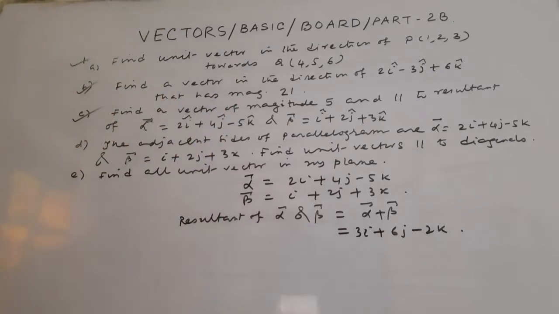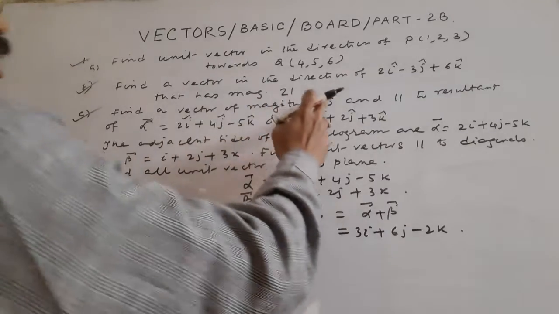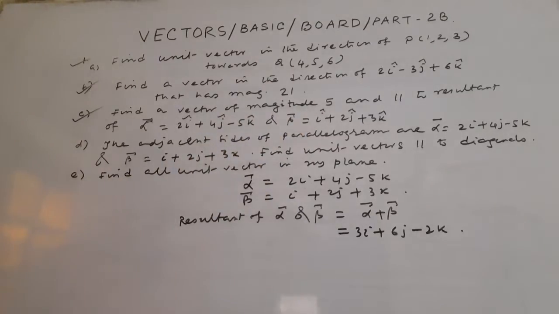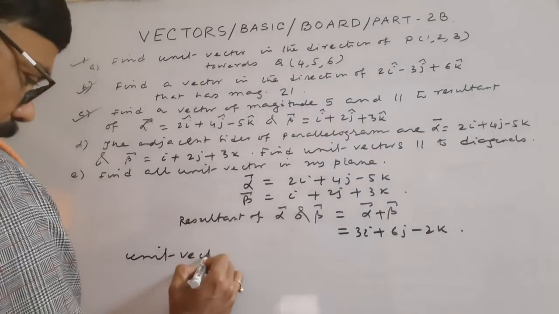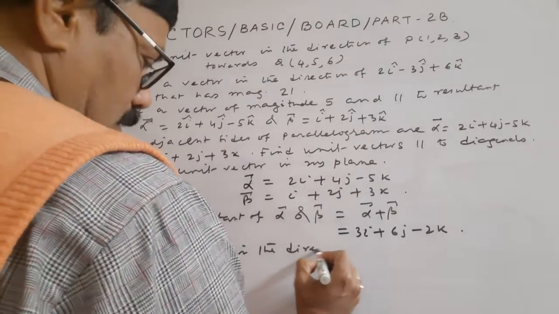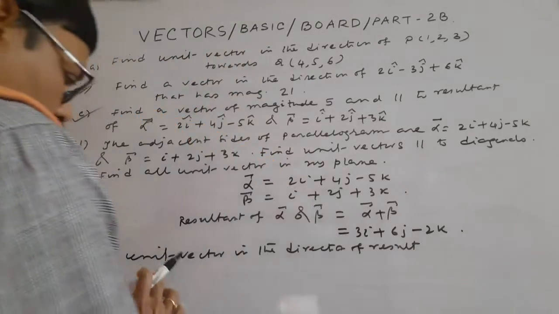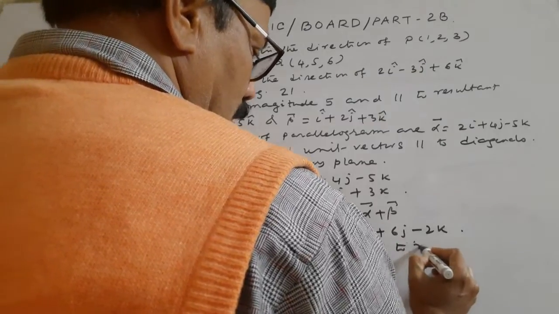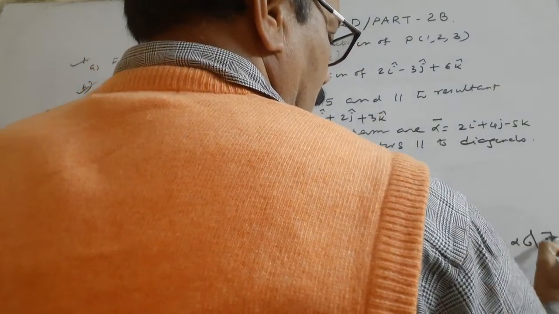So find a vector of magnitude 5 and parallel to the resultant of this and this. So we calculate the unit vector in the direction of, parallel to, the resultant of alpha and beta.